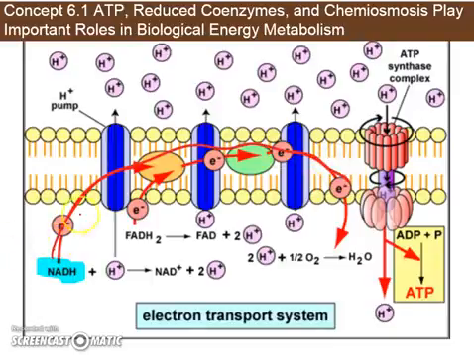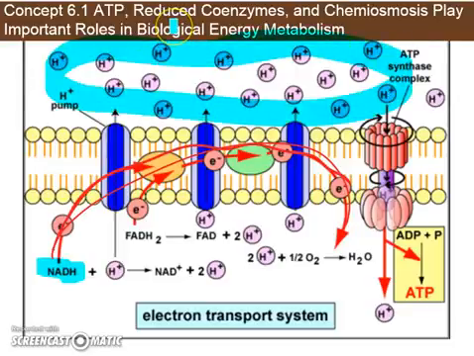So we have electrons driving this process, and all these hydrogen ions, these protons, are going to move through this protein called ATP synthase, which makes sense because it's synthesizing ATP.